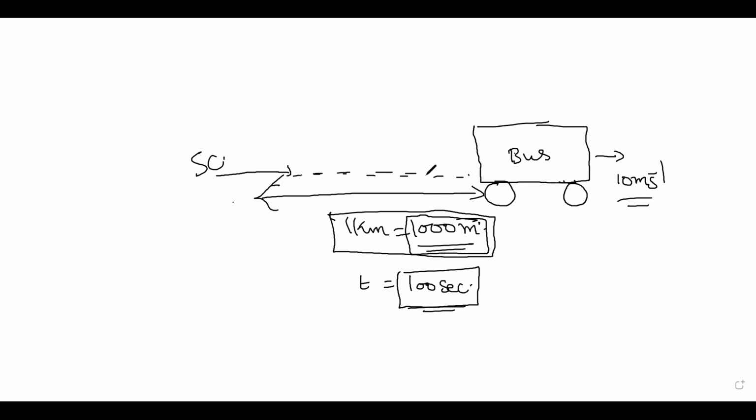Please understand that, both are moving. But they are moving in such a way that the distance between these two is 1 kilometer. Assume that the scooter is not moving initially, then this distance keeps on increasing. Are you getting my point?